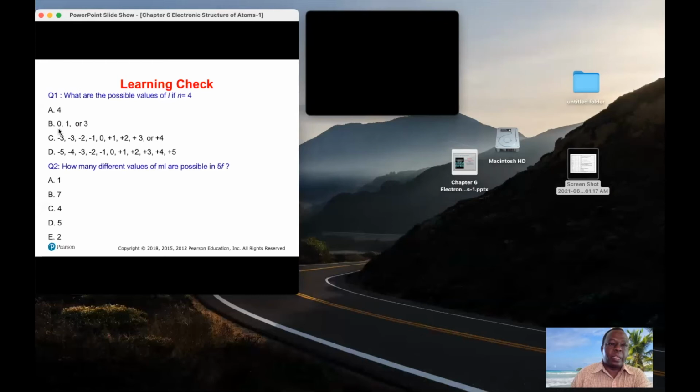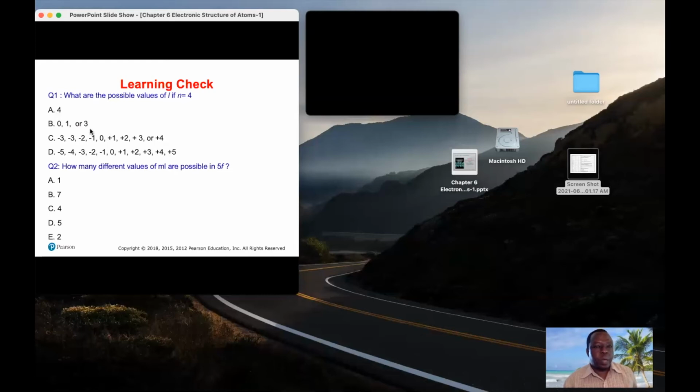So it can be 0, 1, 2, 3. But 4 is not possible, and 5 is impossible, even 4.